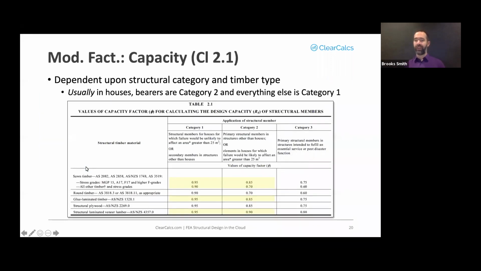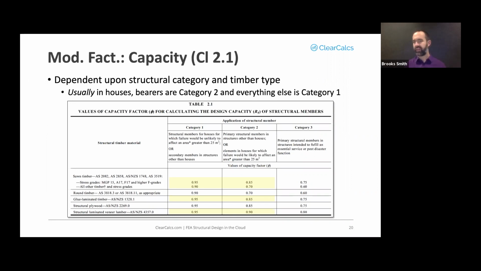So what those modification factors are, we'll start with the phi factor, the capacity factor. In timber, you have a structural category that's defined in the timber standard. This is essentially the importance of the member you're designing and the importance of the structure you're designing in. Usually in houses, your bearers are going to be category 2 and everything else will be category 1.